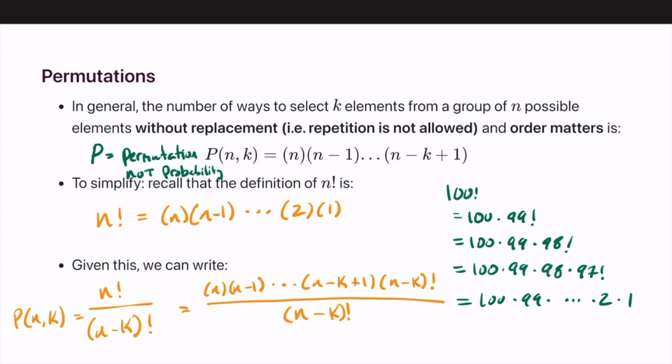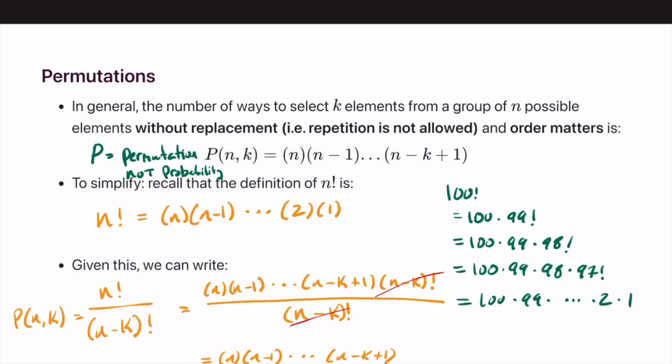So if we do that, then we can cancel that out, and we're just left with n times n minus 1 times n minus k plus 1.